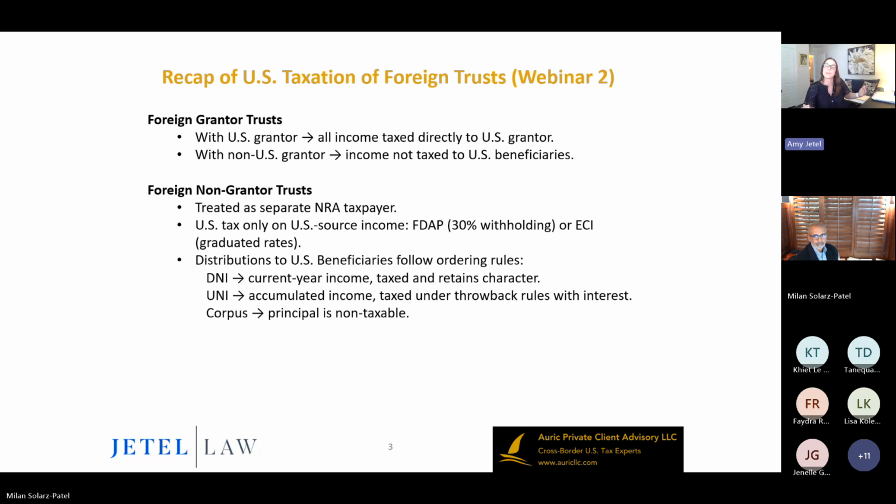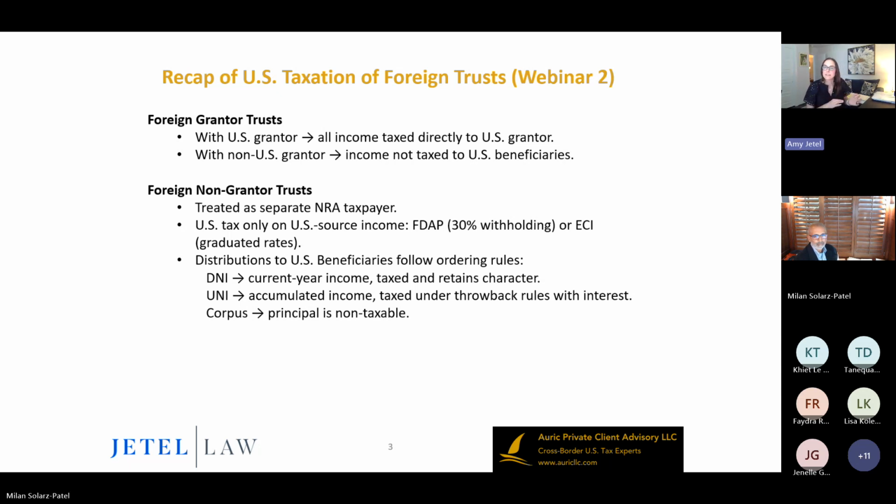The takeaway there is that with regard to distributions from foreign non-grantor trusts to U.S. taxpayers, there's this ordering rule, which is that whenever a distribution is made, current year income is forced out first.